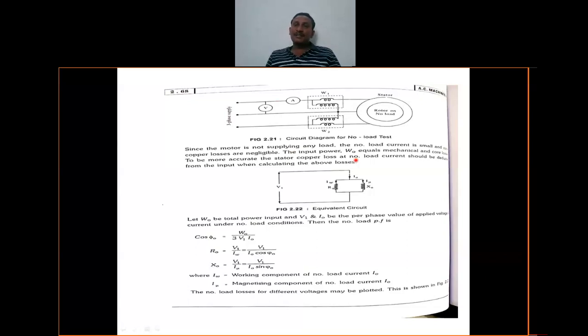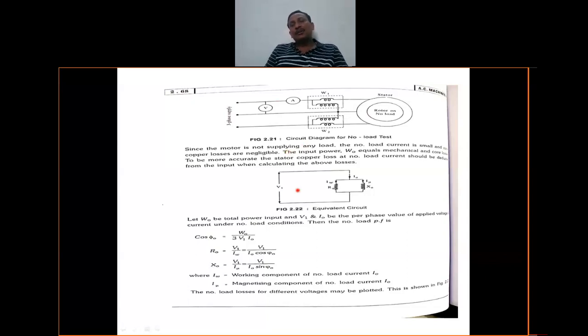In the transformer open circuit test, the secondary side HV winding is open circuited, and the primary LV winding is connected to a single phase AC supply, along with the meters.